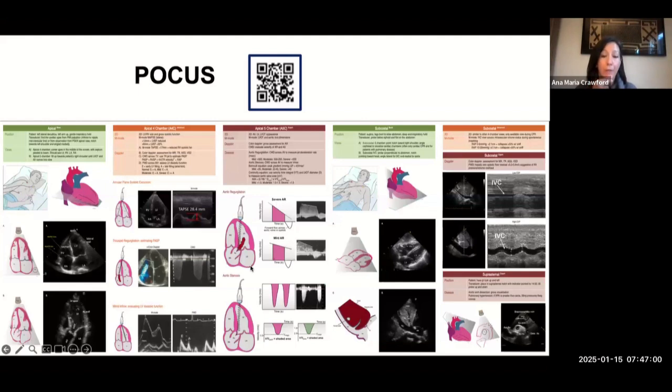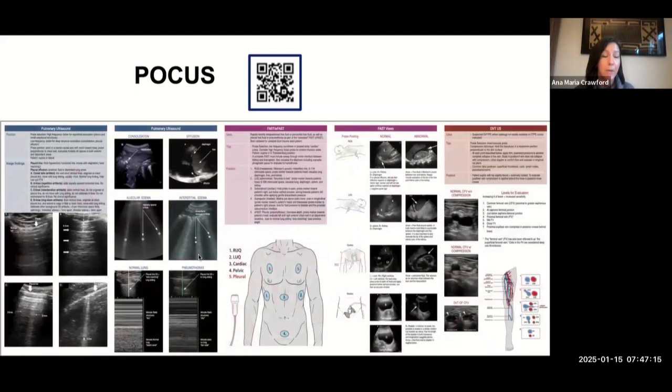You can also look at the inferior vena cava, which we mentioned in our session on hypovolemic shock. So you can use the IVC to help you do a volume assessment. So this pocket card is really, really great for remembering how to evaluate the patients using this very inexpensive, non-invasive mechanism of ultrasound.